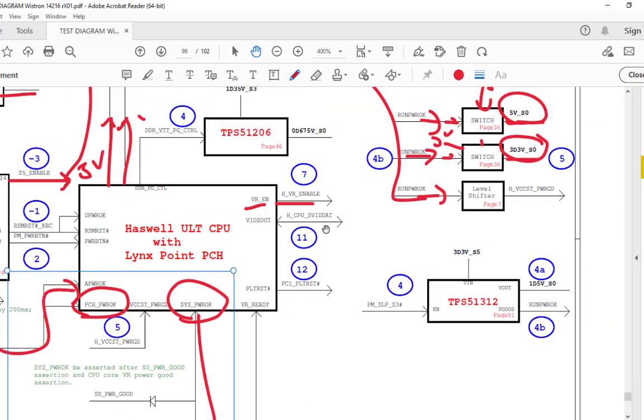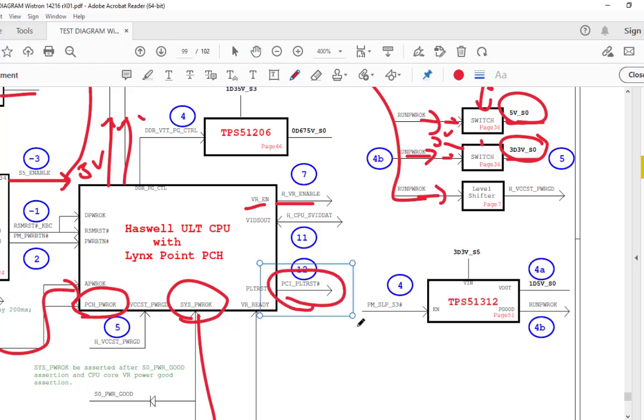This SVID signal communicates with the VRM chips how much core voltage is required. So this is called the VID, voltage identification signal, communicating with the VRM chips. And once the voltage is stable, at step number 12 the last signal is generated, called the PLT reset, platform reset, PLT RST.